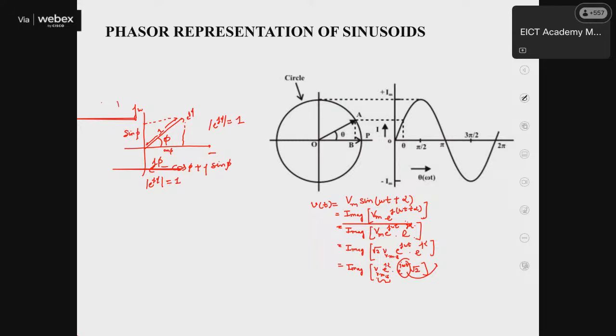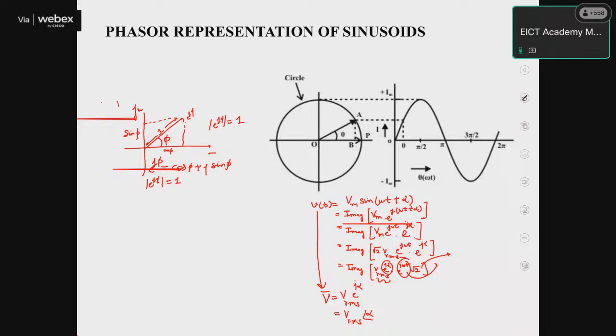As you can see, this has an angle. That is, if I want to represent it, this is your real axis, this is your imaginary axis. The length of this arrow will be equal to Vrms, and the angle from the real axis will be equal to alpha.